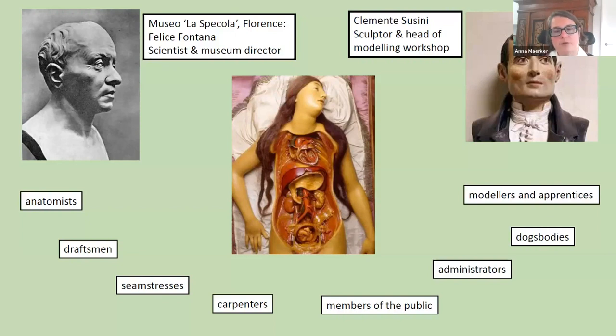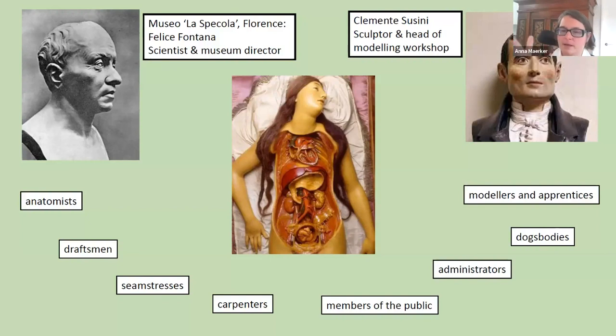The late 18th century natural philosopher Felice Fontana, who directed the production of anatomical wax models for the Florentine Museum, played down the role of artists and others in the process of image making. He presented his artists as, in his words, mere tools in the hands of the learned anatomist.